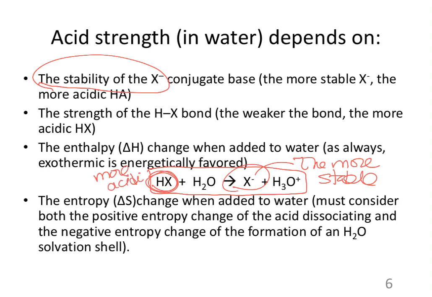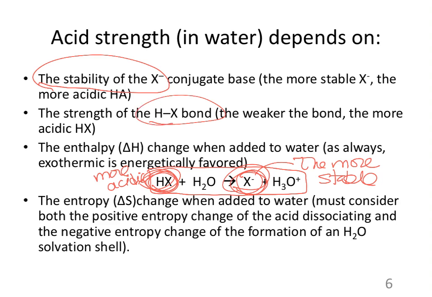So it's kind of like you're more willing to go someplace if you know that place is going to be fun and safe, and you're less likely to go someplace if you know that perhaps it's going to be boring or unsafe. Same thing with this acid, okay? If what it results in making is stable, it's more likely to act as an acid.